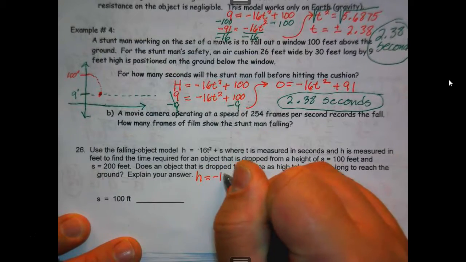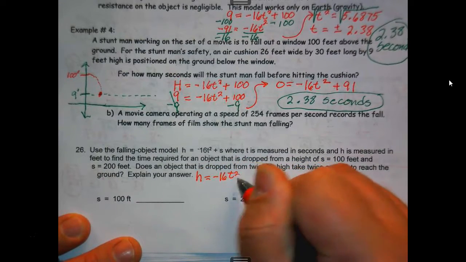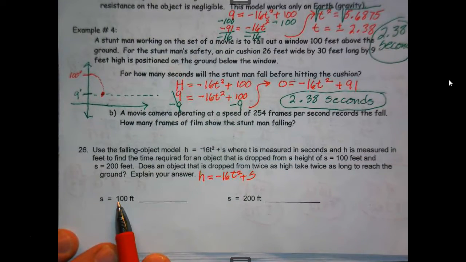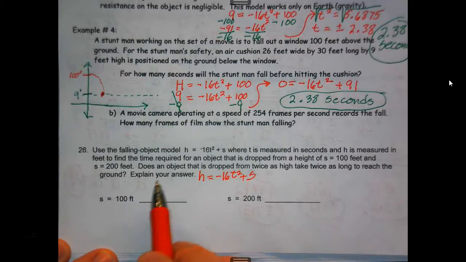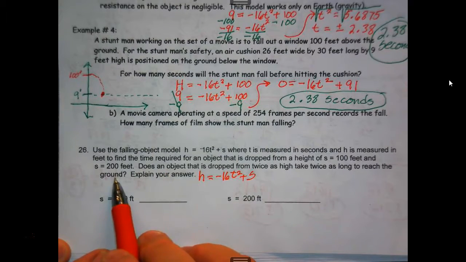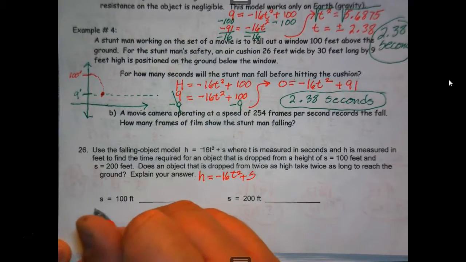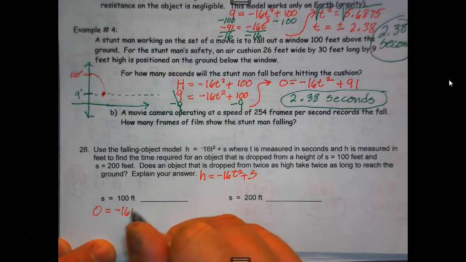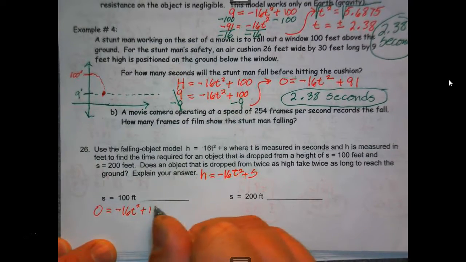Okay, so my height equals negative 16t squared plus s. And they told us, let's plug in 100 for s. To reach the ground, the height's going to be 0. So 0 equals negative 16t squared plus 100.